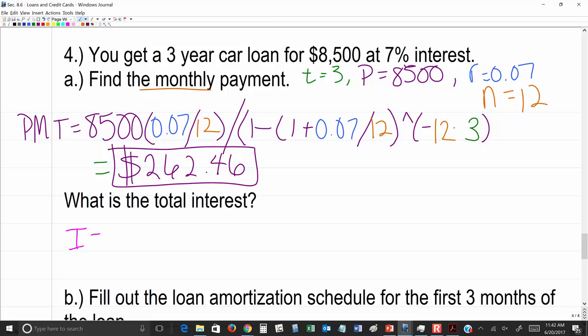So the interest that you pay equals the total that you paid minus the principal.